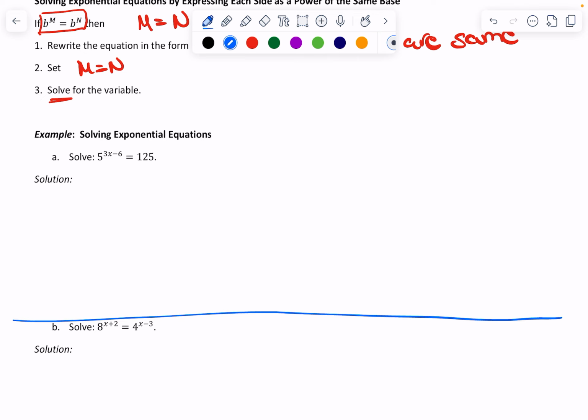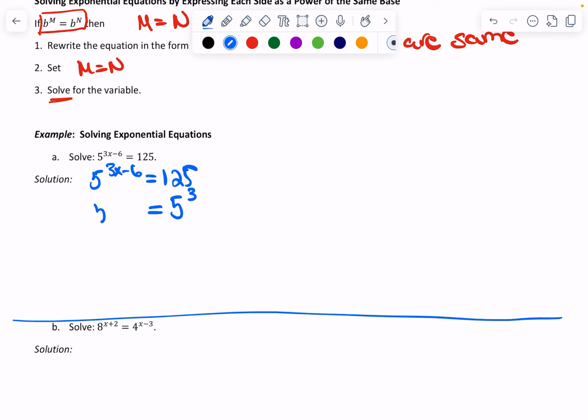So a, 5 to the power of 3x minus 6 equals 125. So what we're going to do here is we need both sides with the same base. Well, 125 can be written as 5 to the power of 3, right?